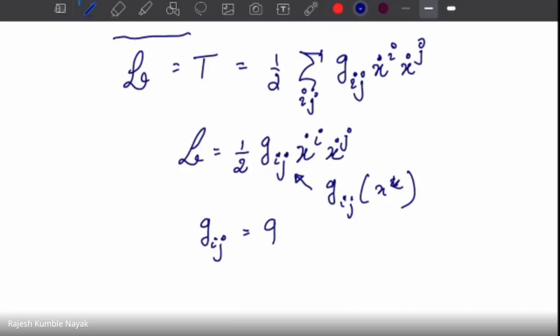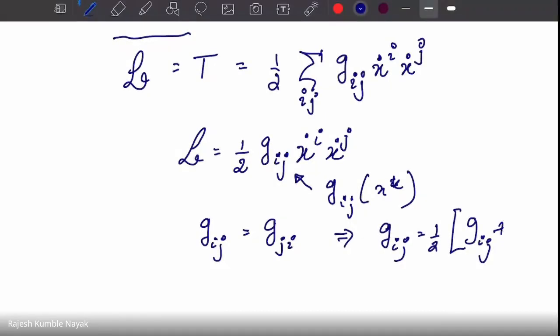That is, you can interchange the indices, or you can simply write G_ij equal to half times G_ij plus G_ji. So by interchanging rows and columns of this matrix, nothing changes.